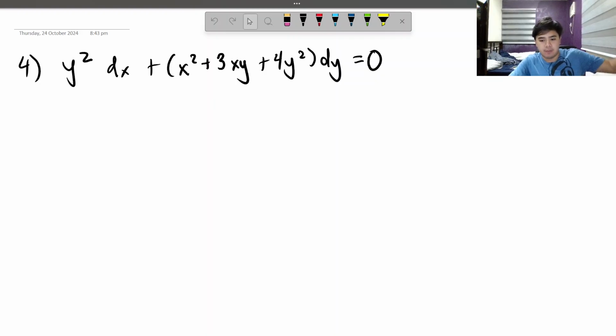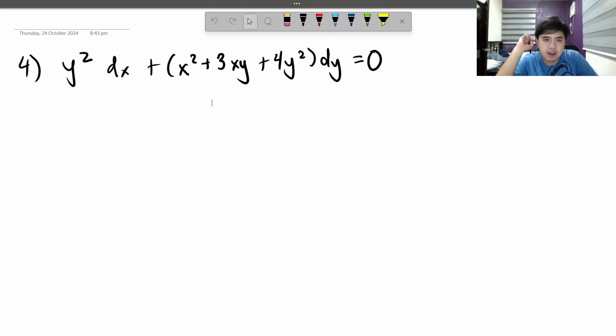What do we start from? We can certainly divide both sides by x squared like we did last time.